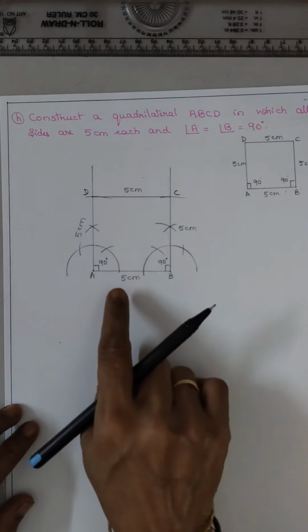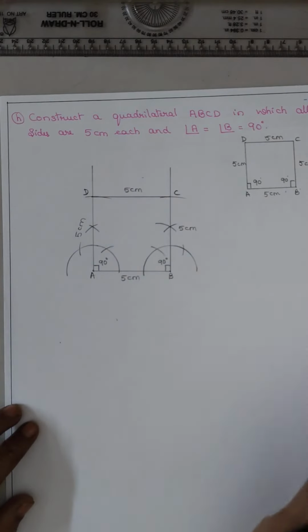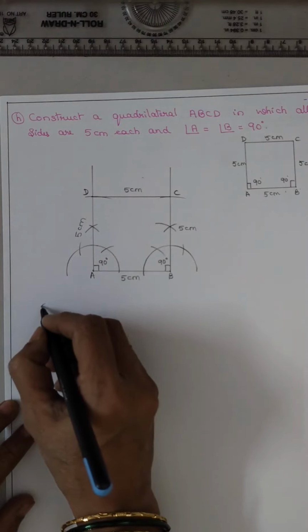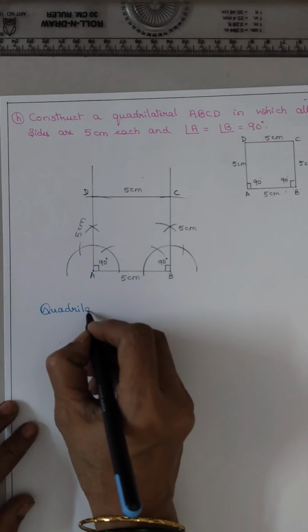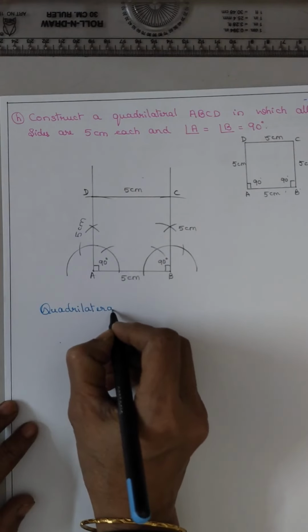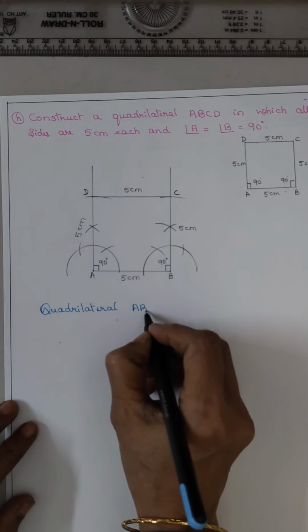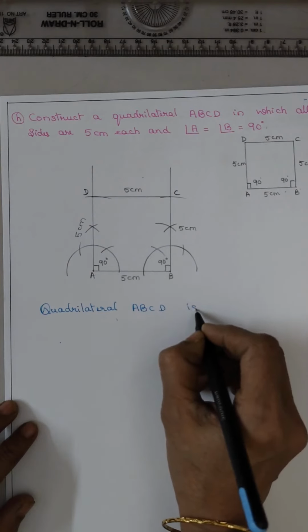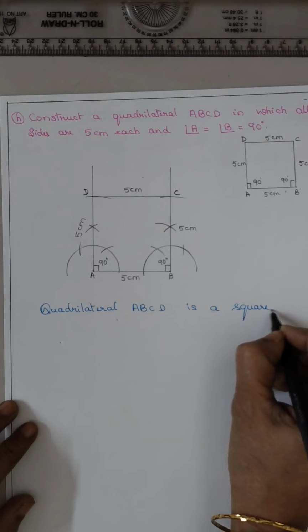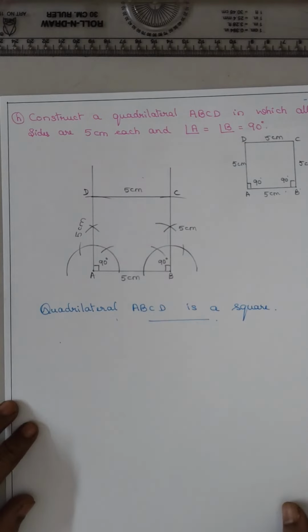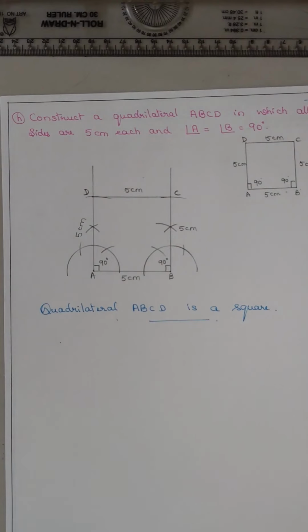Yes or no? And the sides are equal. So which type of quadrilateral it will be? The quadrilateral ABCD. In case if they ask, quadrilateral ABCD is a square. Yes or no? Because the corner angles are 90 degree.